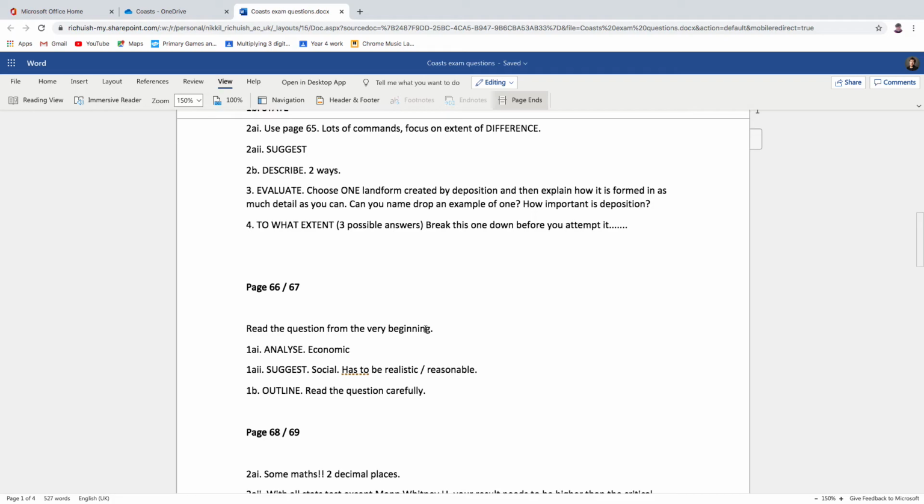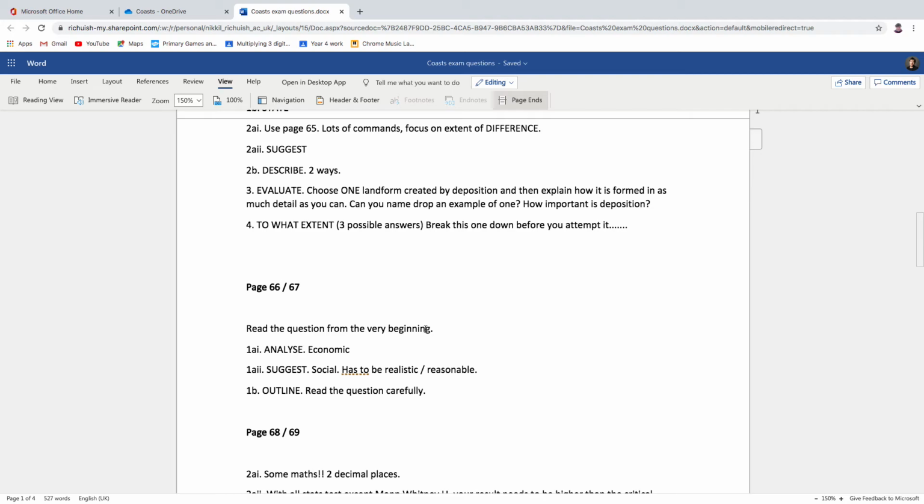To what extent is one of my favourite commands because there are 3 possible answers, and those are completely, not at all, partly. To what extent are you fed up of being in lockdown? You might say completely, partly, not at all. To what extent are you glad for the weather?